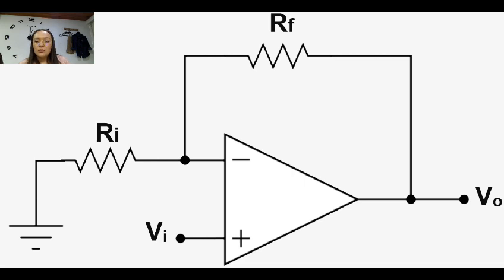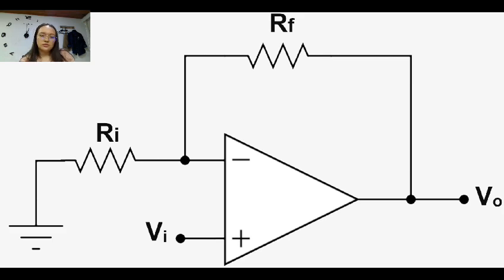Input: the input signal is applied to the non-inverting terminal, positive, of the op-amp. Resistors: there are two resistors in the circuit. R1 connects the output of the op-amp to the inverting input, negative, and R2 connects the inverting input, negative, and ground. Gain: the gain of the non-inverting amplifier is given by the factor 1 plus R1 over R2. The gain is positive, the signal is not inverted.